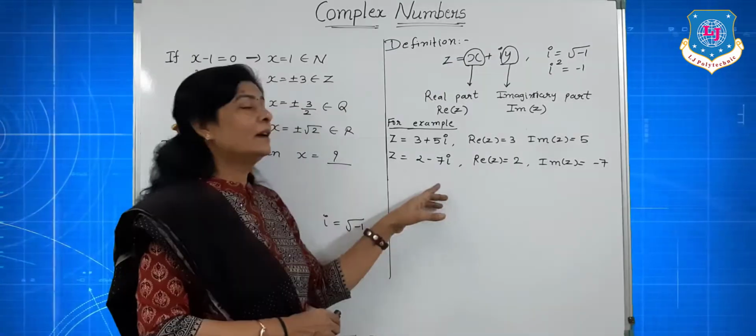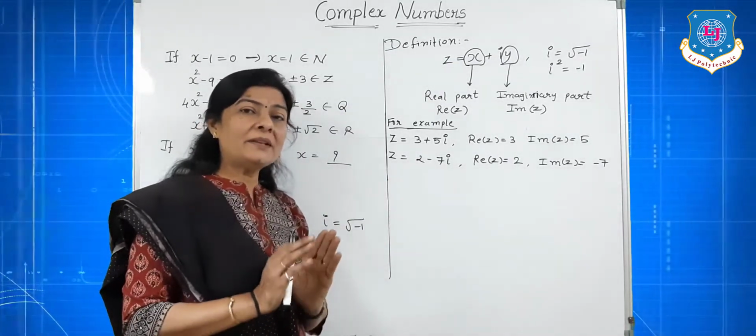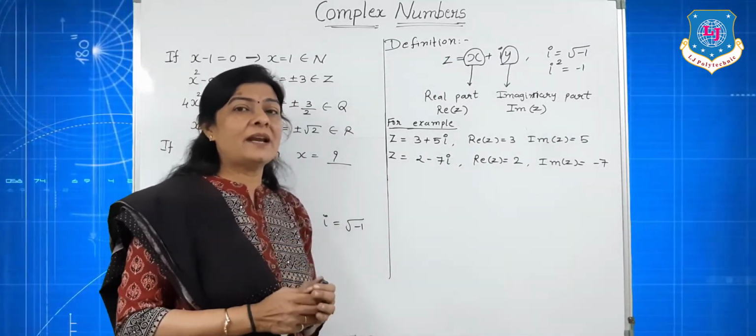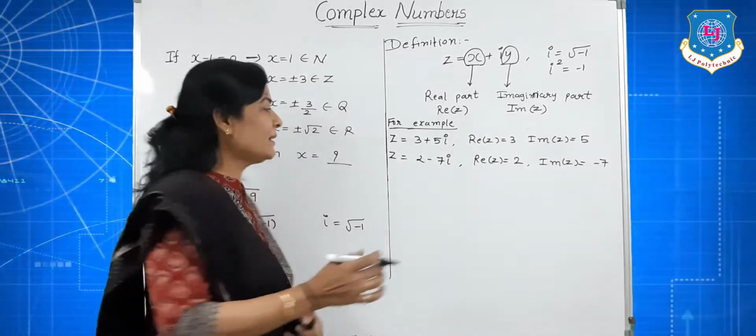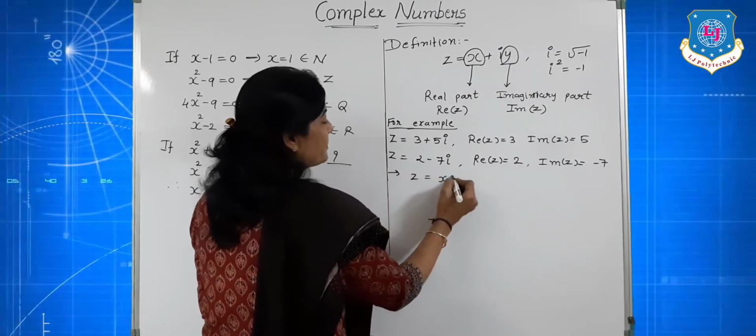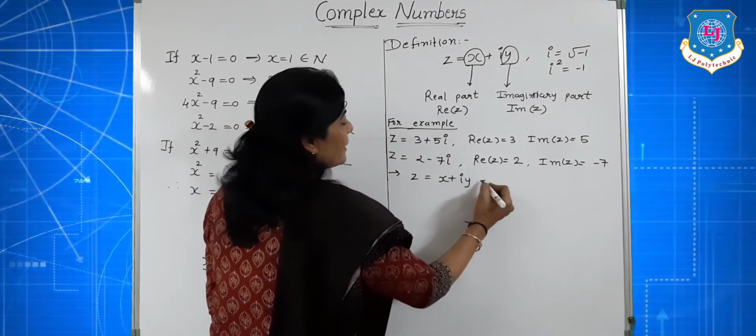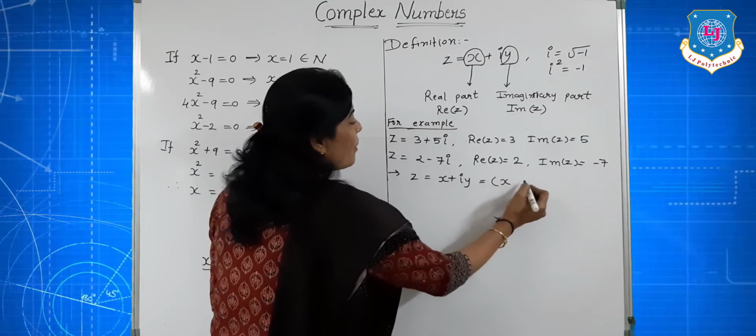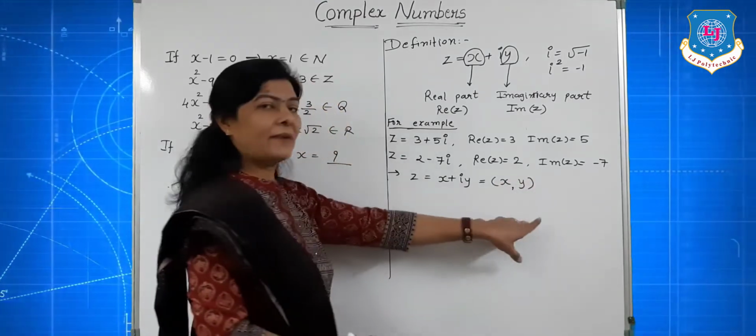Clear? Now complex number z can also be represented as an ordered pair (x, y), means z is equal to x plus iy is equal to the ordered pair (x, y).